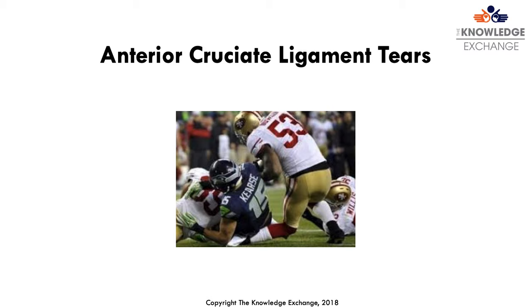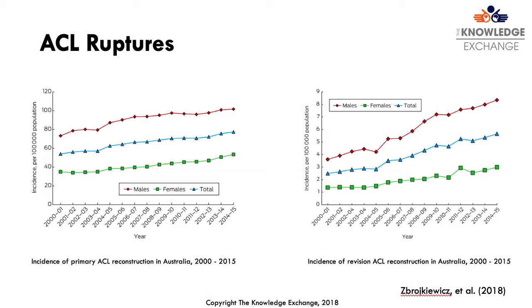We're now going to move on to other pathologies of the knee, anterior cruciate ligament tears. Unfortunately, the incidence of primary ACL reconstructions and secondary ACL reconstructions in Australia has increased significantly over the past 18 years in both males and females.